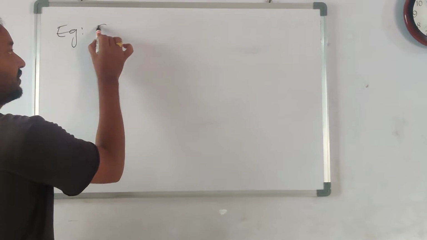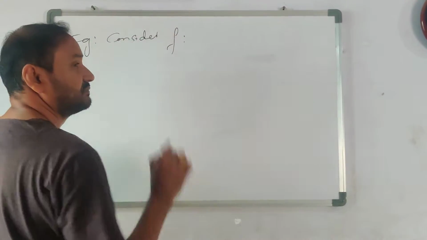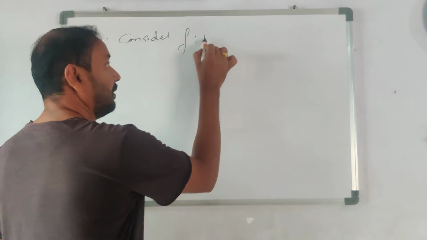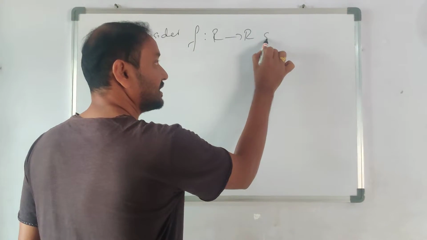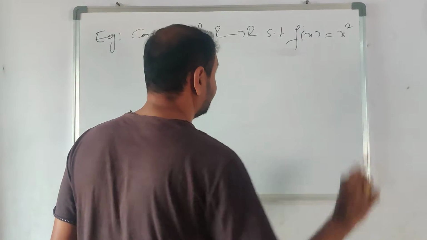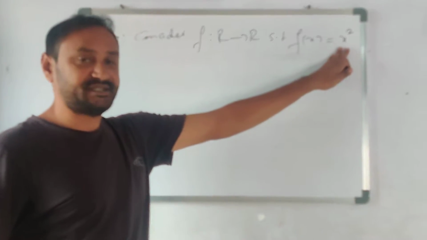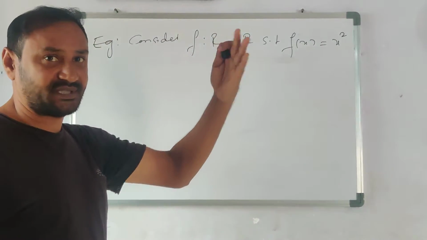Consider f: R to R such that f(x) = x². That is y = x², the parabola opening upwards, which everybody knows.